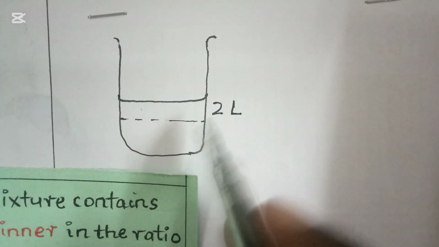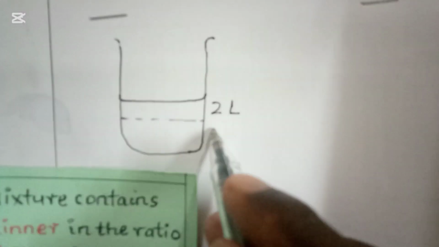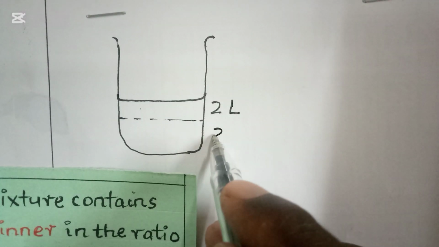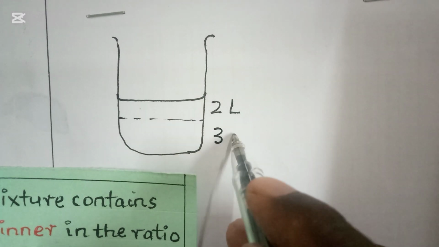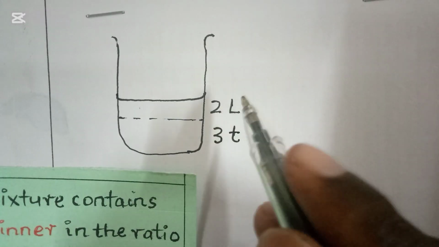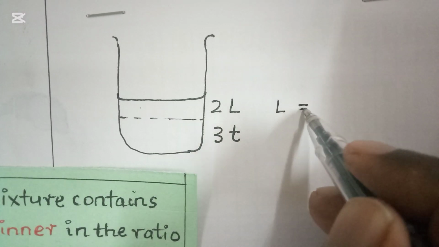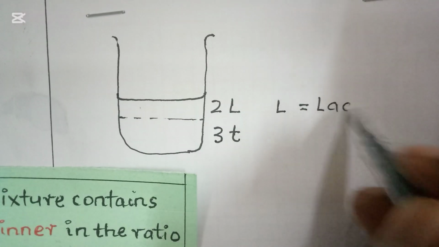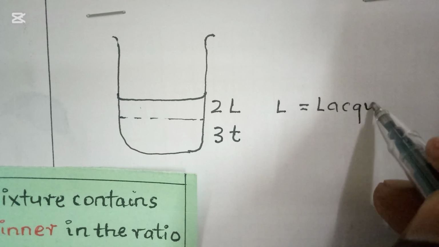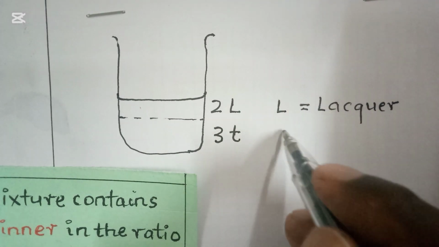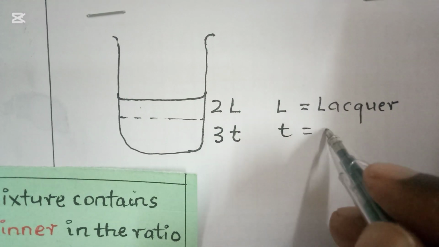And then I can also call this one 3 parts to be thinner. Let me use L for liquor. This is for liquor. And T, I use it for thinner.